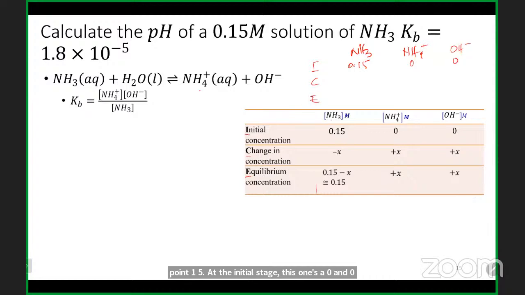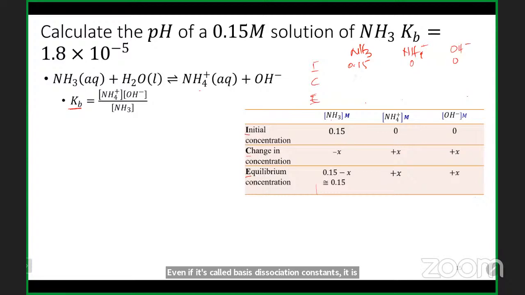At equilibrium, what's the value? Because it's the equilibrium value that we use to calculate our equilibrium constant. Kb, even if it's called the base dissociation constant, is an example of a dissociation constant.